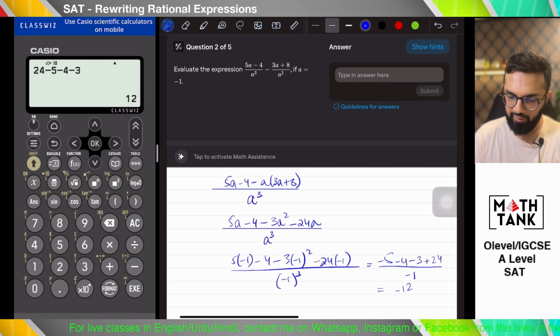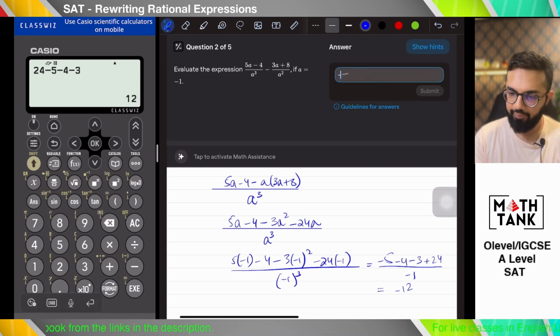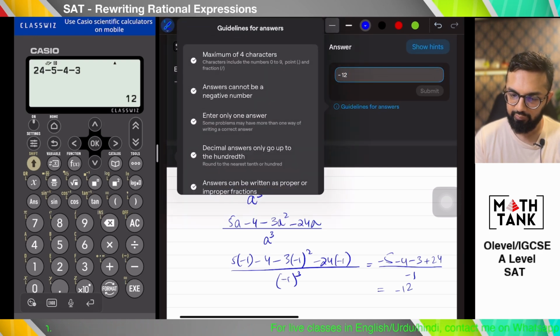Minus 12. Have I made a mistake? I shouldn't be getting a negative answer, to be honest. Maybe the SAT allows it now. Yeah, minus 12. Answer cannot be a negative number.